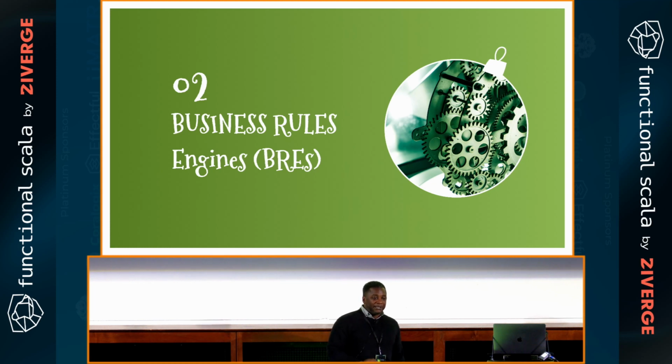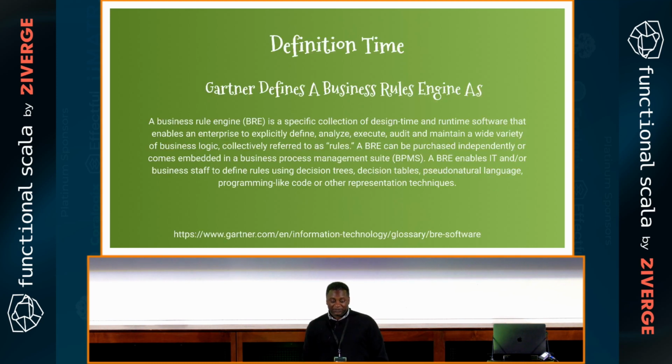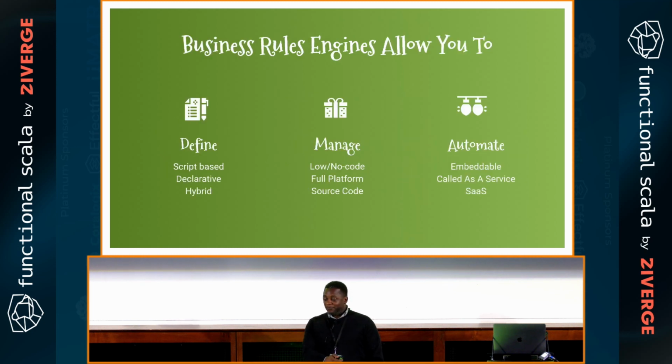So I'm going to talk very briefly about business rule engines, BREs. I'm probably not going to use that acronym, but if you see it elsewhere, Gartner defines a business rule engine as what is above. Basically, it allows you to define, manage, execute, and automate your business rules. And there are different types of these engines: script-based, declarative, hybrid.